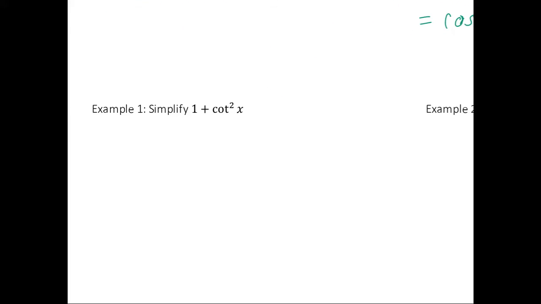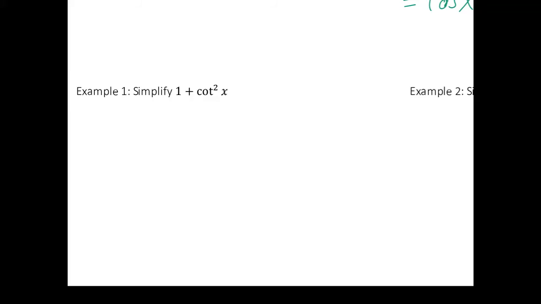All right, example 3. We're supposed to simplify 1 plus cotangent squared of x. Now, when I see that squared sign, immediately my brain goes to Pythagorean identities, because all of the other examples did not have a squared term in them. The other thing I notice is that we've got a 1 and a cotangent squared together.